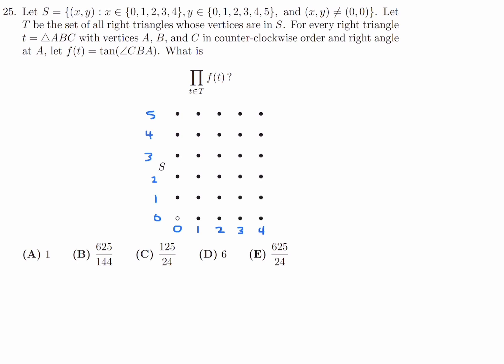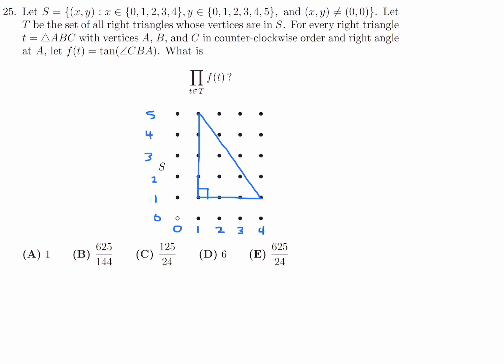Then what you do is you create right triangles. So for example, here's one such right triangle, right? This would be a right triangle. And for every such triangle that you create, let's create a bigger one. So I create a big one, let's say like this. For every such right triangle that you create, you label it A, B, C in counterclockwise order.